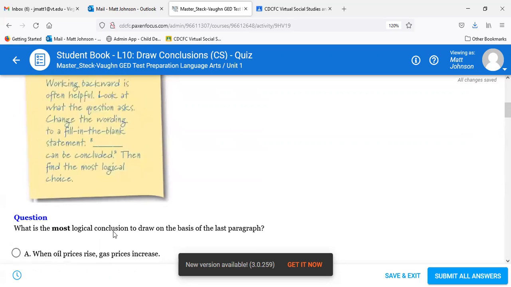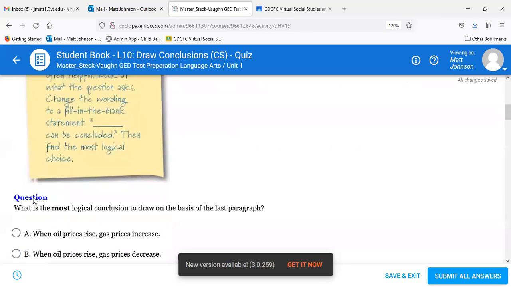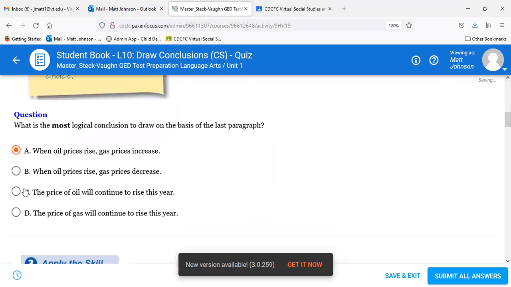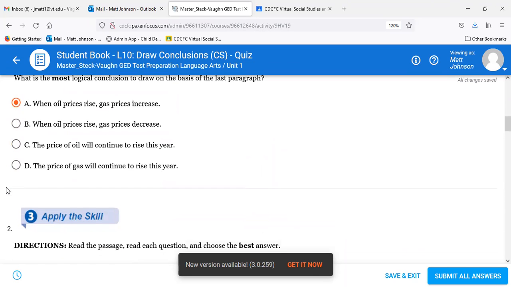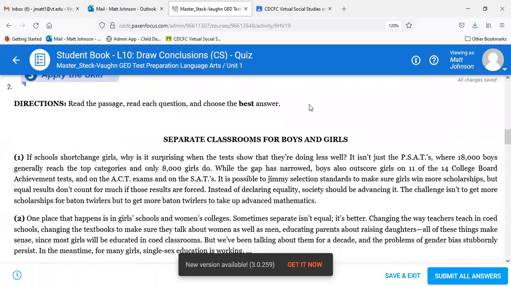So always make sure when you look at the question, you know what it's directed at. So oil prices directly result in gas prices increase. We can conclude that, right, using our other tools. So one is A.